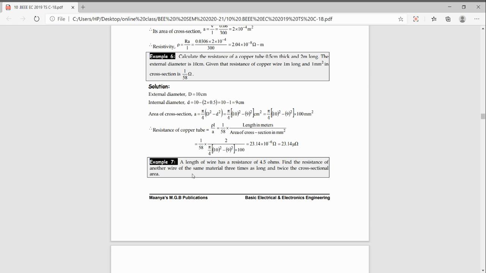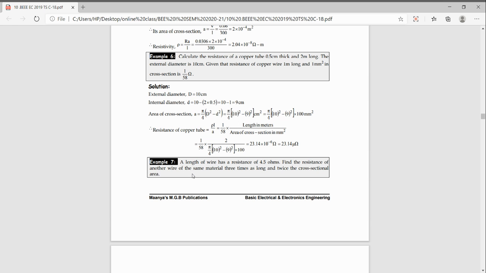We have a wire which has 4.5 ohms, and now we have to find the resistance of another wire of the same material. Same material means both rho are the same: rho 1 and rho 2 are the same. And it is 3 times as long and twice the cross sectional area.